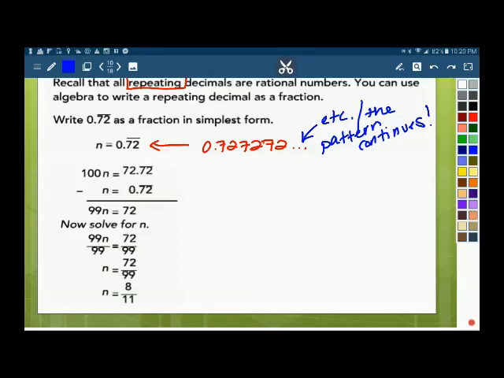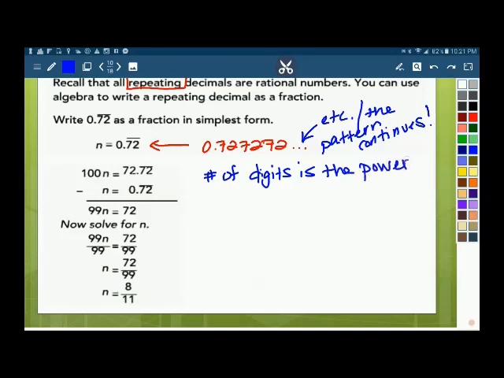Okay, so what you do is you think about how many digits are repeating, and that's the power of 10. So number of digits is the power of 10.